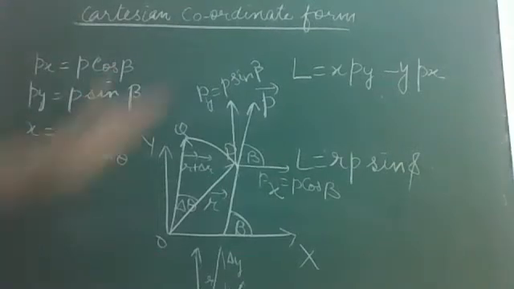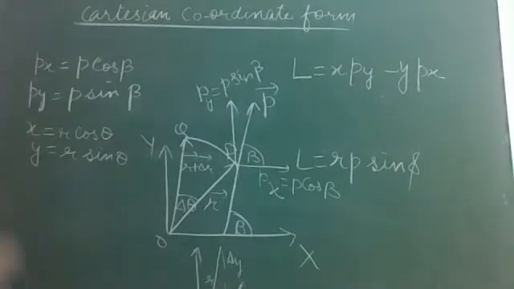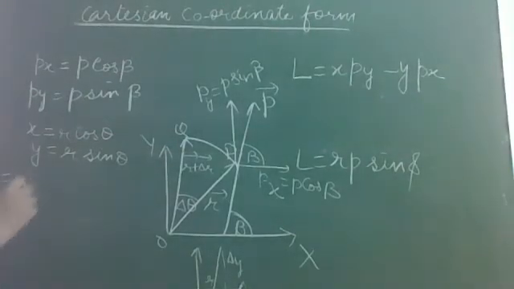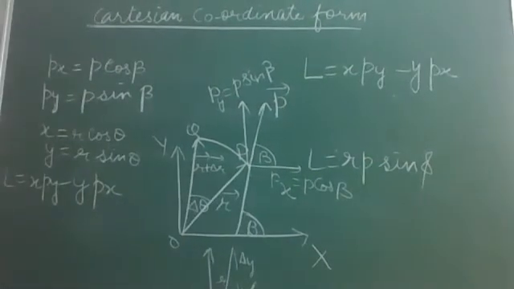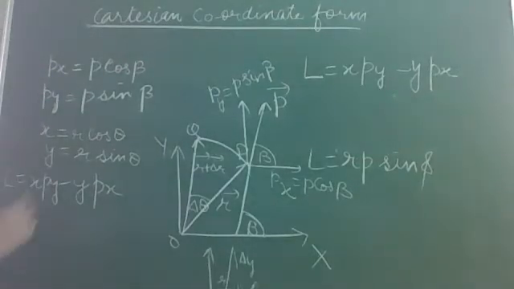Let us put in the values here in the Cartesian coordinate form. We start from the Cartesian coordinate form and arrive at the polar form of angular momentum. The same way you can do it for torque also. So put all the values of x, y, px, py from here, these four values that I have written.